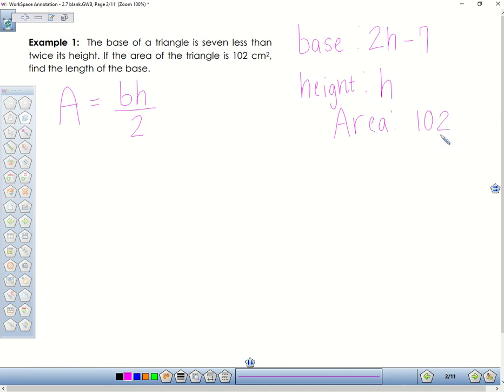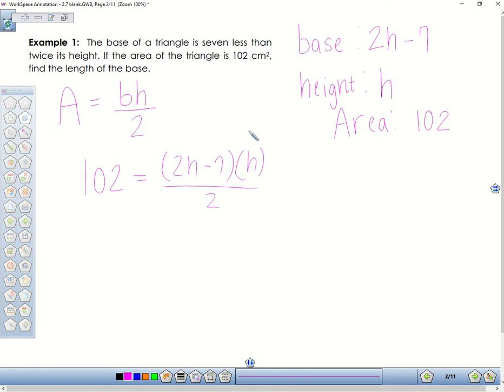I'm just going to let you know in advance, I leave the units off during the math problem and then I put them on at the end. It's just easier to not have a messy problem. And then from here I'm just going to plug in for each of the variables. So area is equal to 102. The base is 2h minus 7, and the height is h, all over 2.